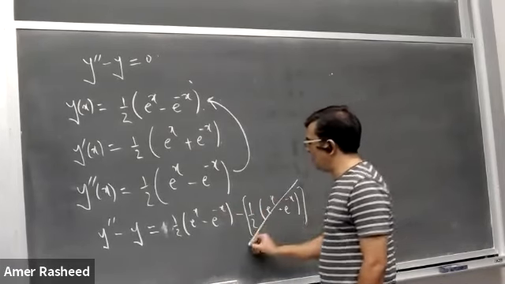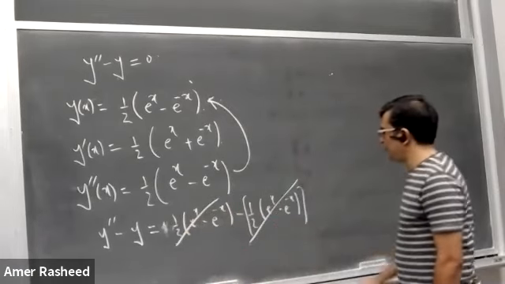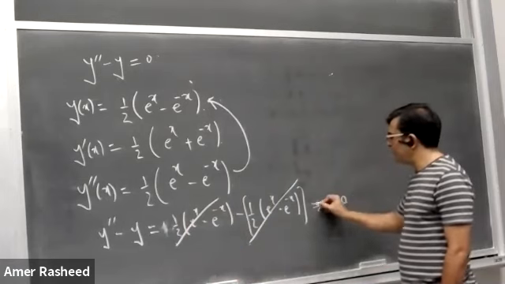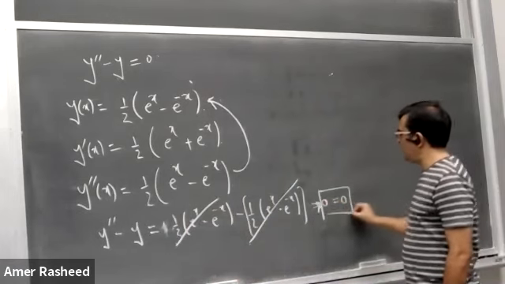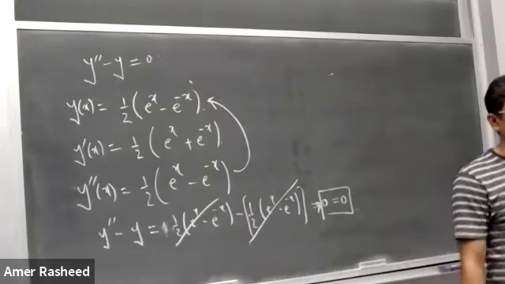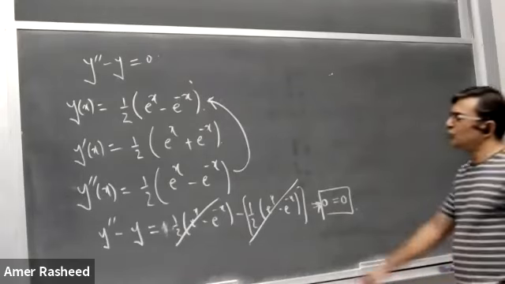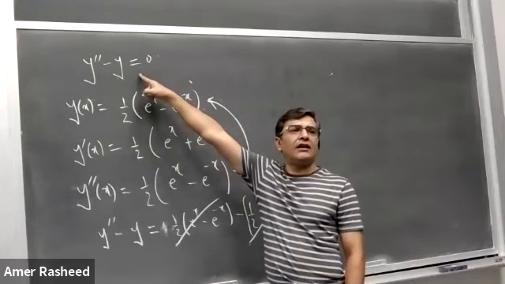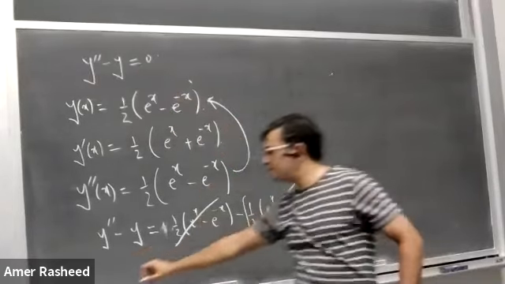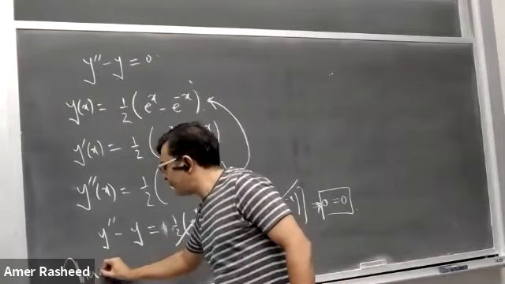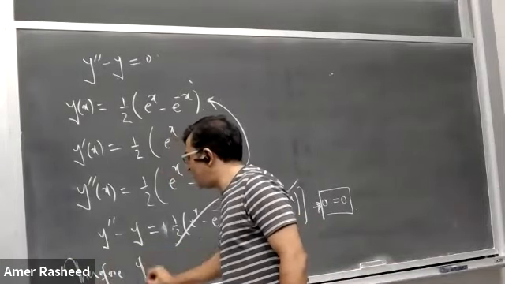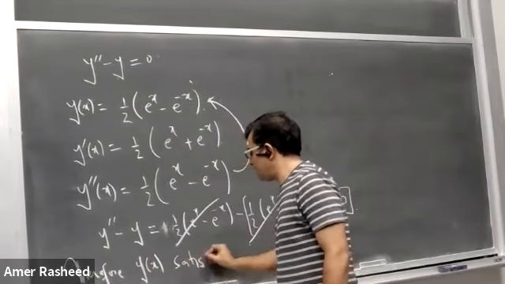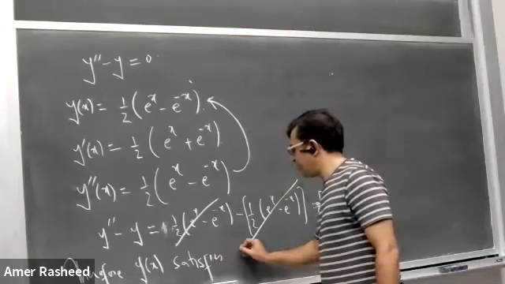So this can be wholly cancelled, and what do you get? 0 equal to 0. The equation has become an identity. Therefore, this solution satisfies the given ODE. Therefore, y of x satisfies equation 1.